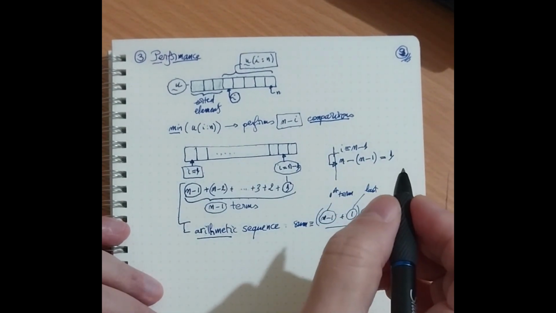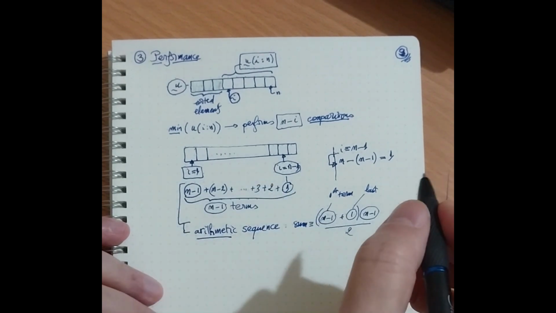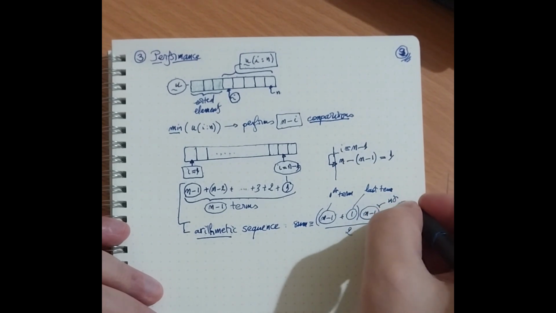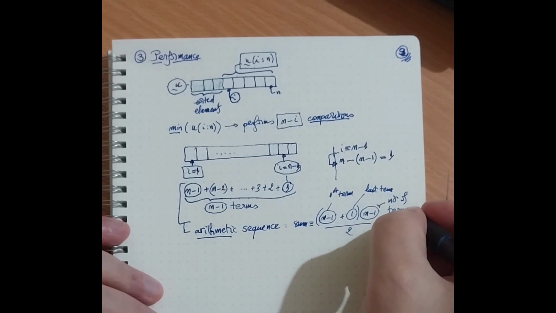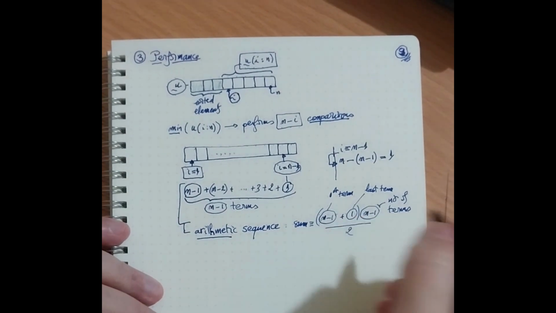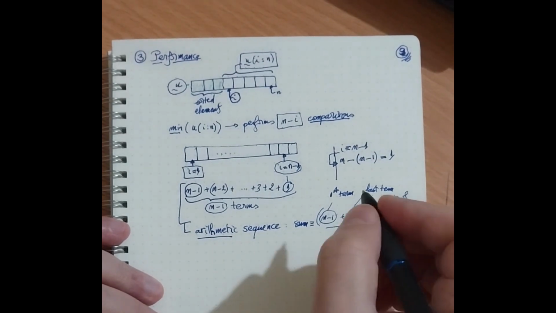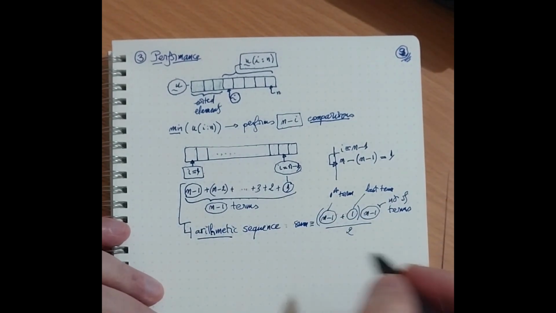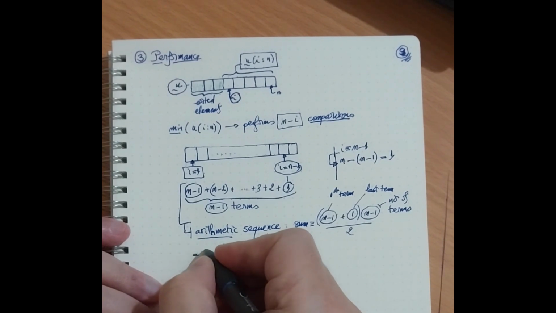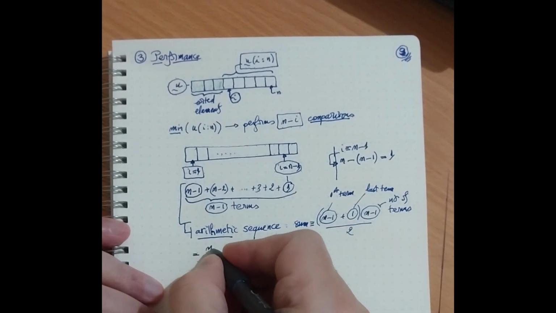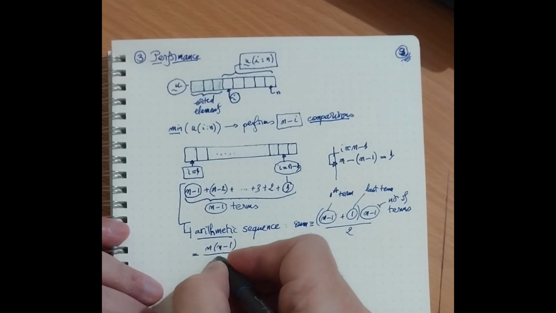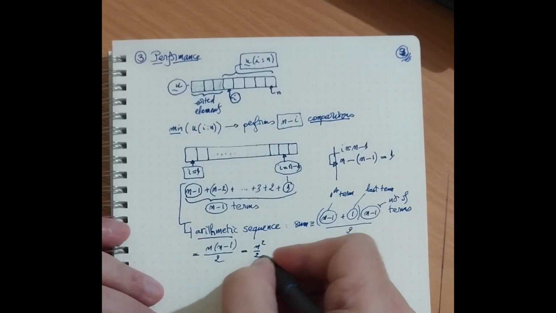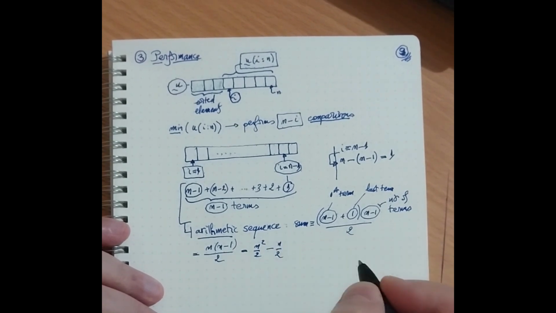Whatever the step is, here it is minus 1, this is the formula, and here the number of terms. You can check any first-year university calculus textbook. So, which gives us n minus 1 plus 1, it's n times n minus 1 over 2, which is equal to n squared over 2 minus n over 2.